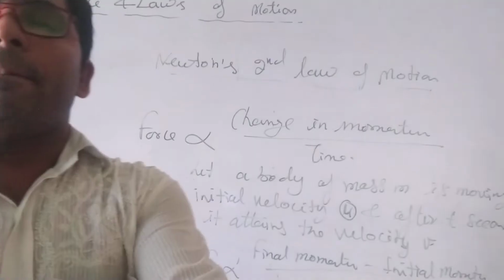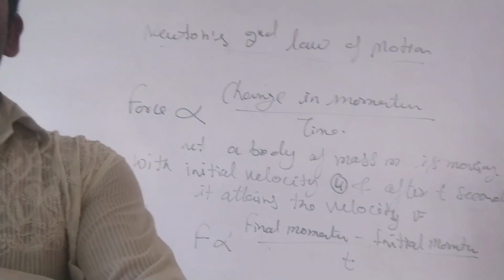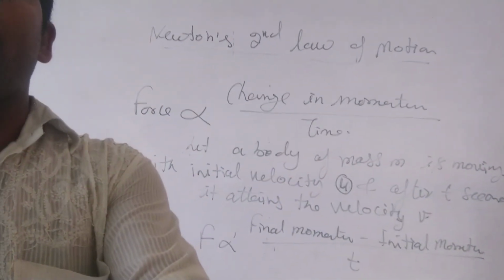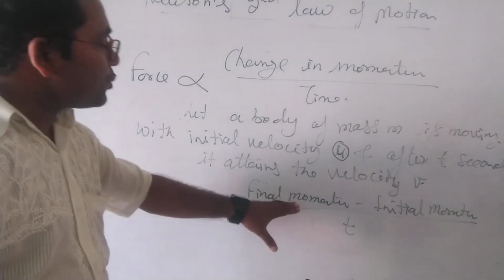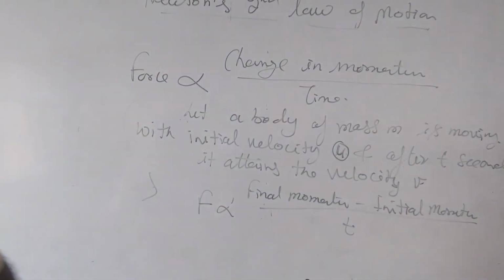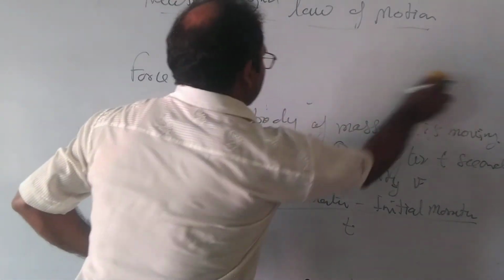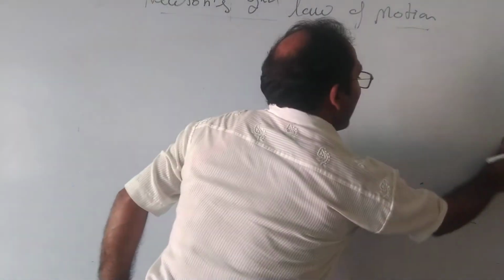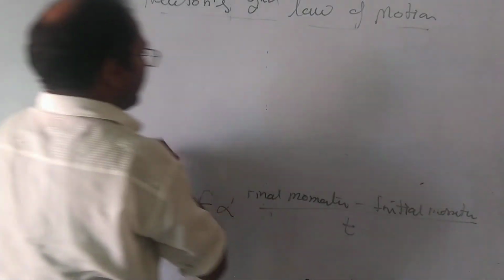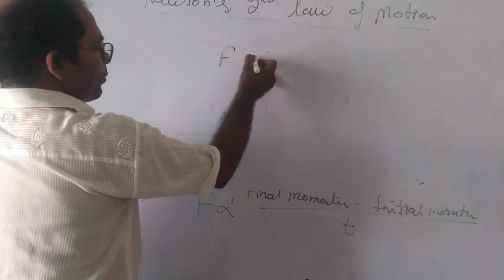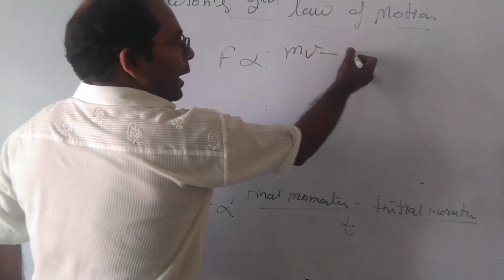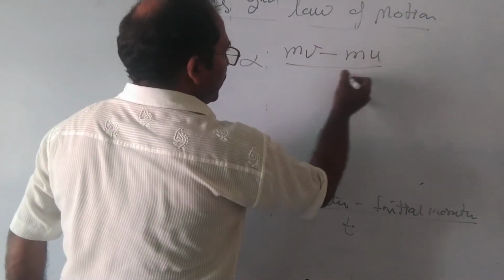What will be the final momentum, students? The final momentum will be mv. Here F is proportional to mv minus mu upon t.